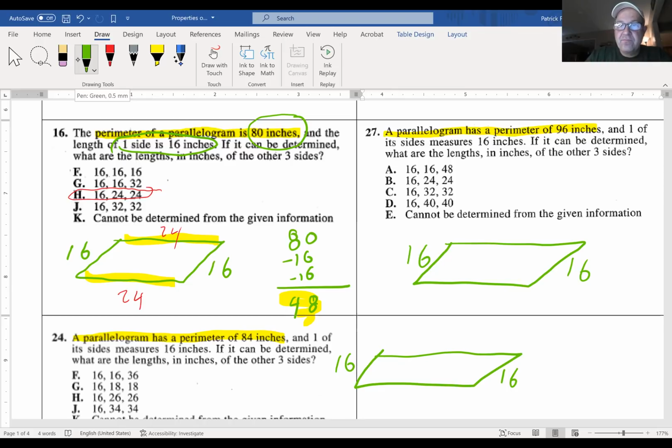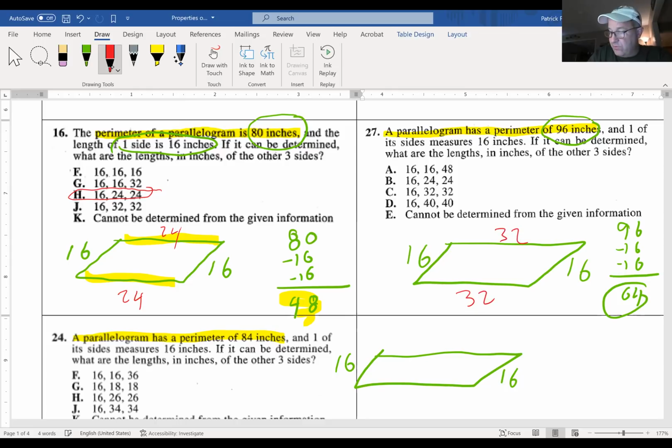Okay. Well, we're told that the parallelogram had a perimeter of 96. So I'm going to subtract both 16s from that 96, and I will wind up with 64. So that means the other two sides must be 32, right? Because they are both equal to it. So there's our answer.